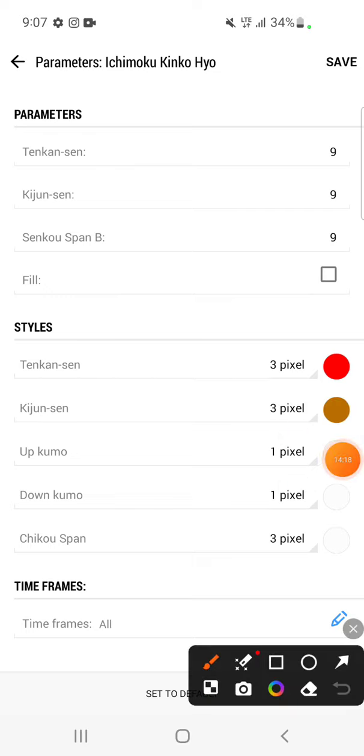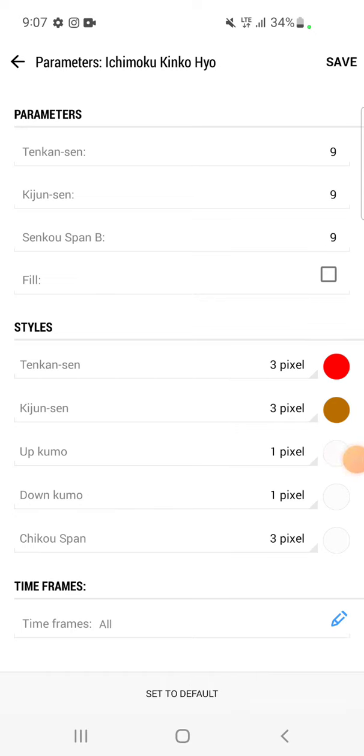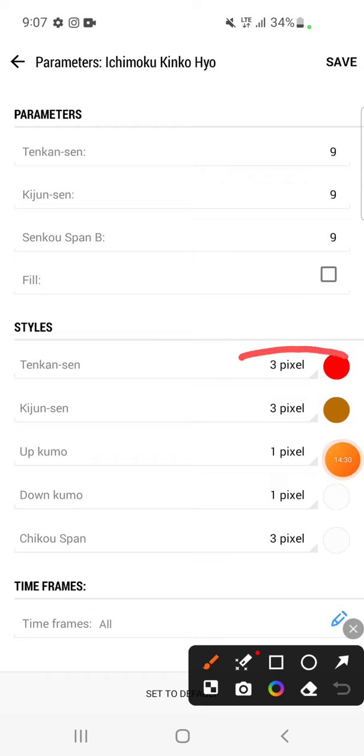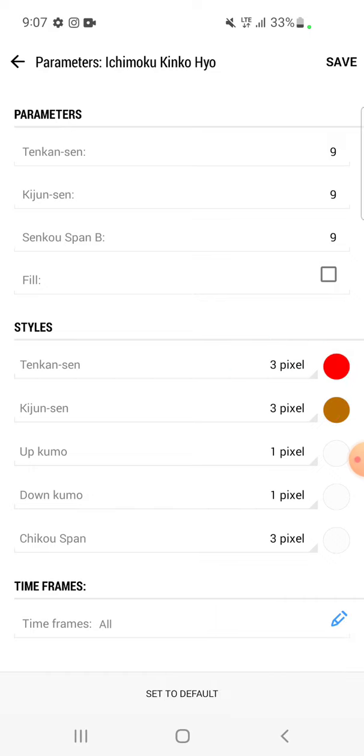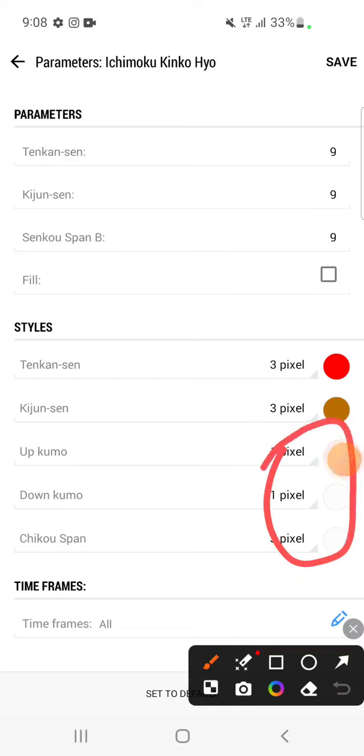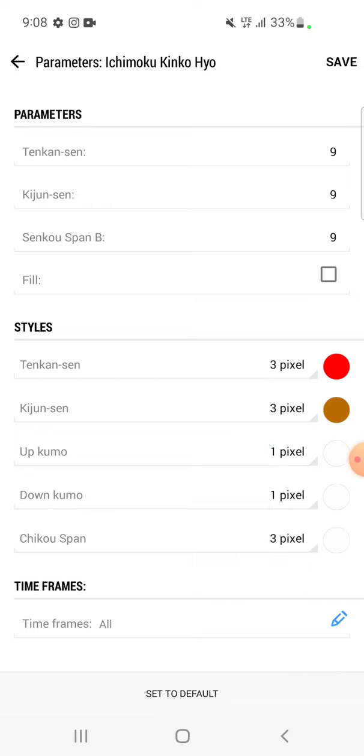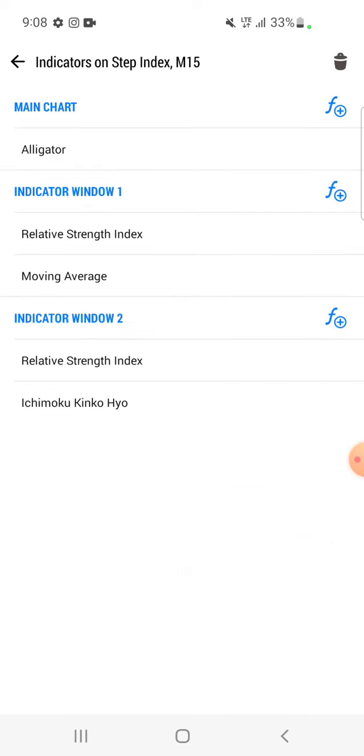Don't tick it, just leave it empty like this. Then the Tenkan Sen is 3 pixels, Kijun Sen is 3 pixels. These are the only two stylings you give any color of your choice. But the other 3, up Kumo, down Kumo, and Chikou Span, please give it color white based on the background of your phone. If your phone is on white background, leave it at color white. If it's on black background, leave it at color black. So after doing that, you click on save, and this is what you should have.